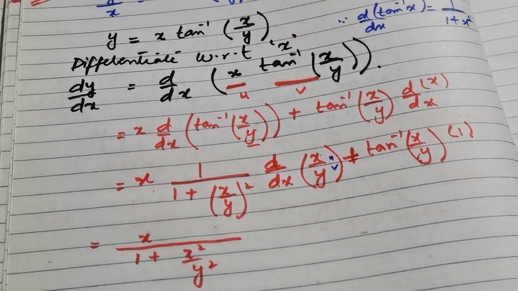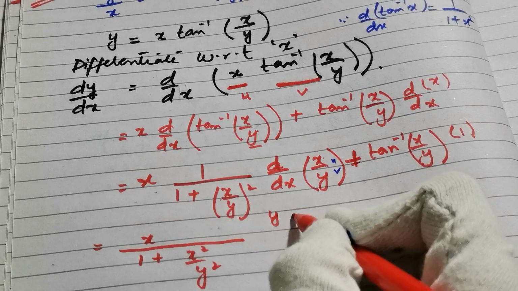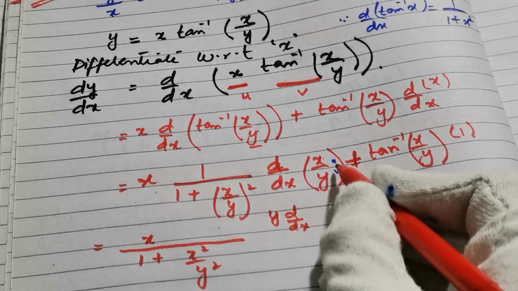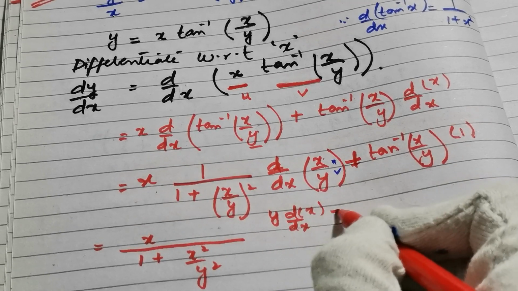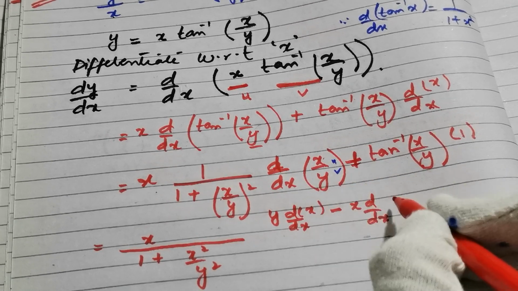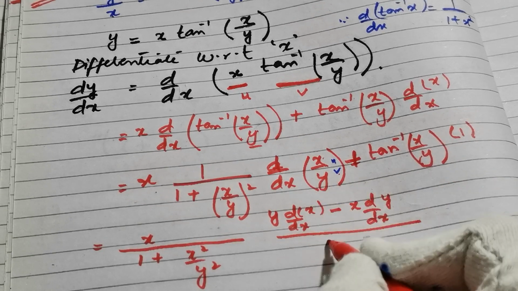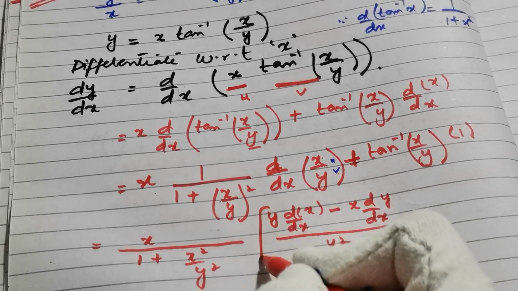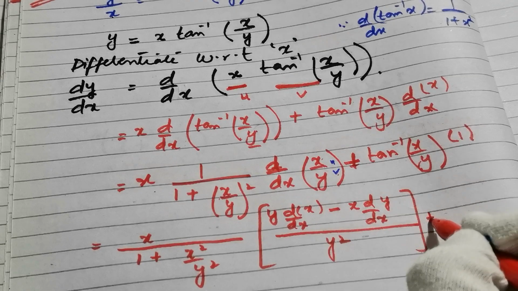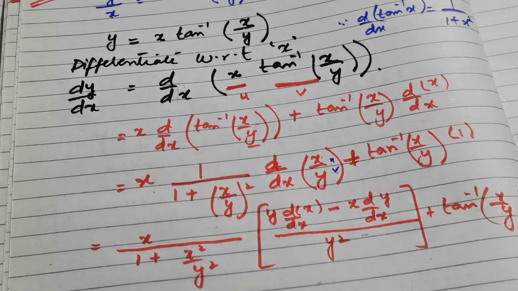So v is y, derivative of u is x, minus u, derivative of v is y, whole divided by v square, v is y square, plus tan inverse of x by y.